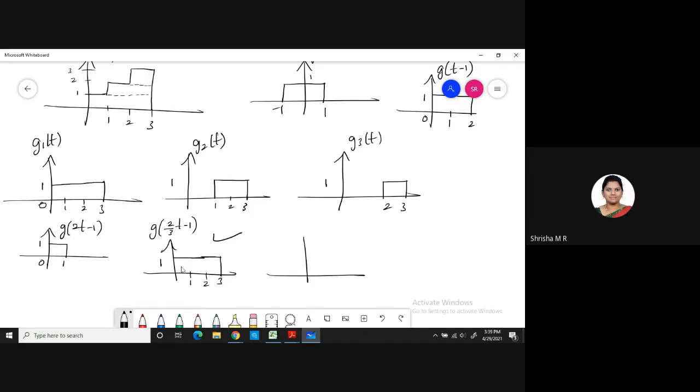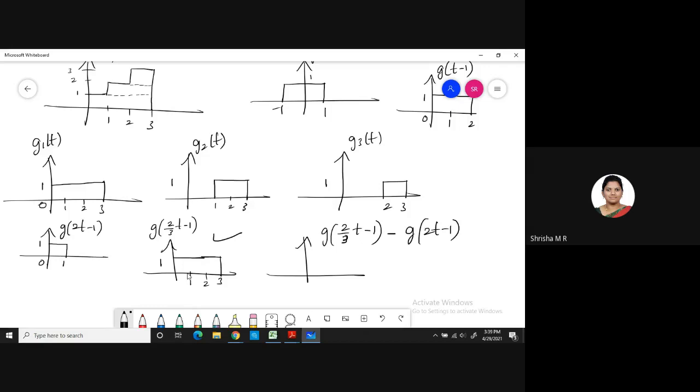I'm subtracting this part, 0 to 1. Correct? Yes, ma'am. So I have g of 2 by 3t minus 1 minus g of 2t minus 1.